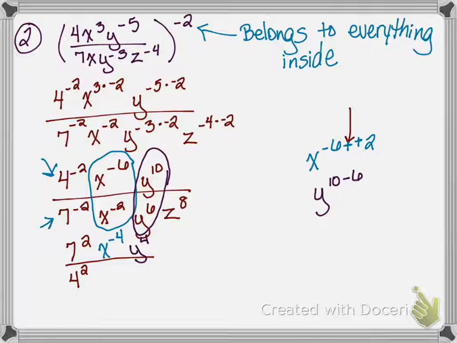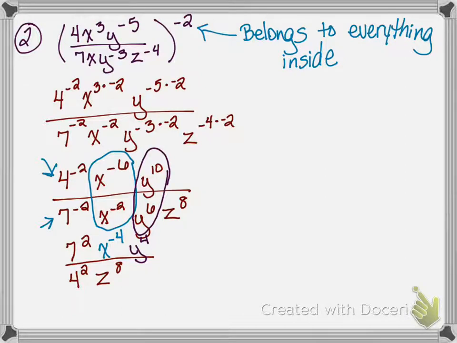Do I have any z's that I need to cancel with or divide or anything? No. So my z to the 8 is going to stay there. Now, I'm not done yet because I still need to deal with that x to the negative 4th. Where does that x to the negative 4th go? The bottom. Good.